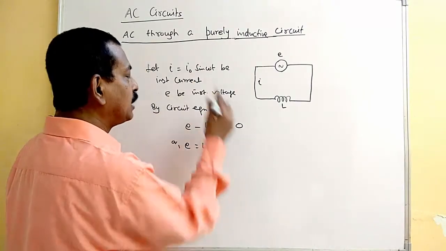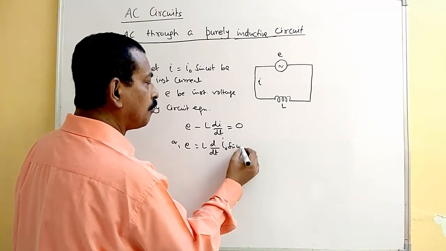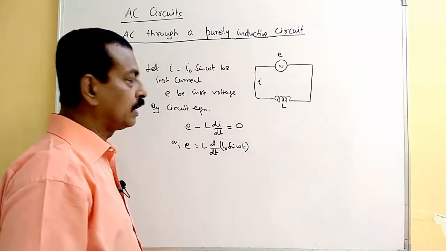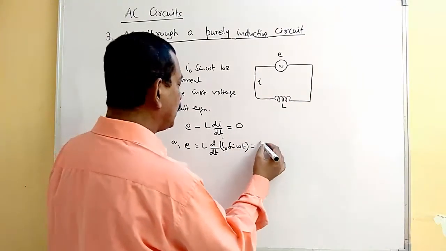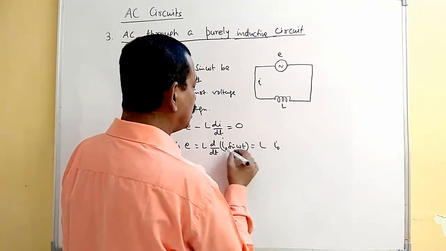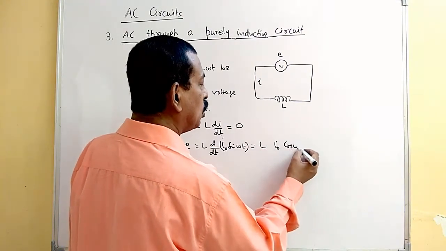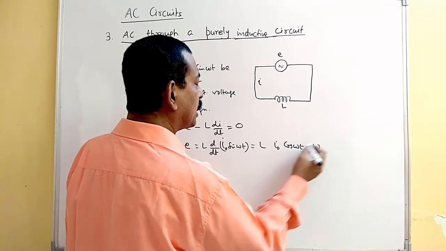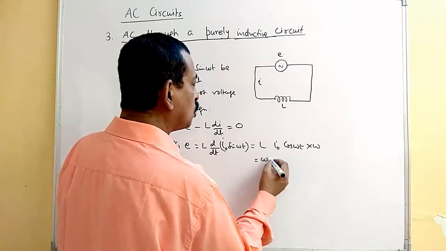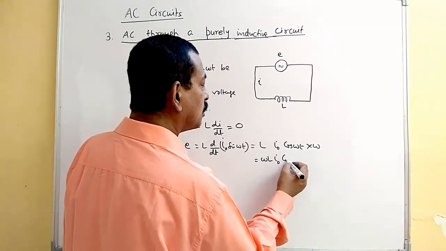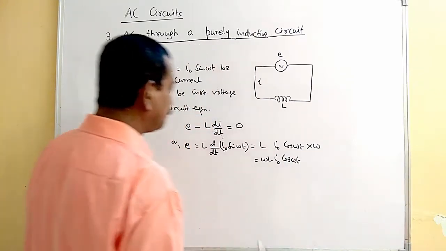For I we can write I naught sine omega t, and this is multiplied by L. This is your I naught, differential will be cos omega t into omega. That means it is omega L I naught cos omega t.